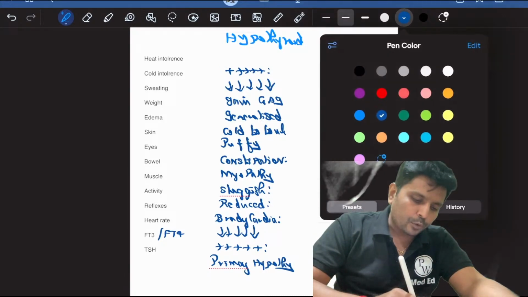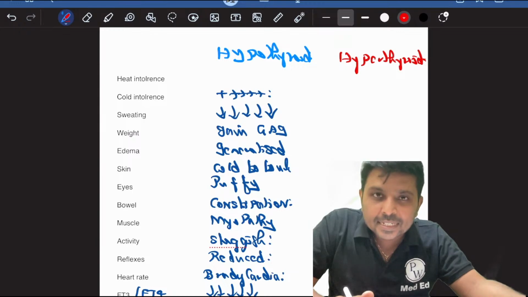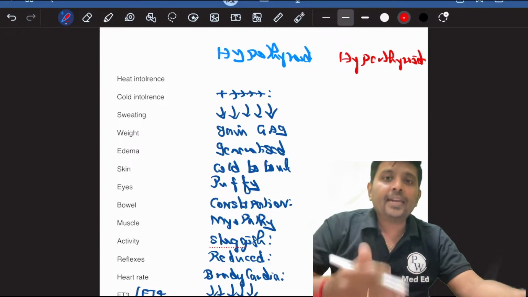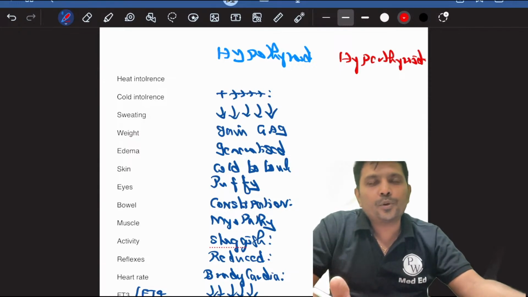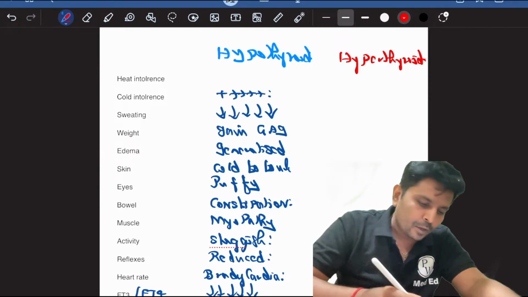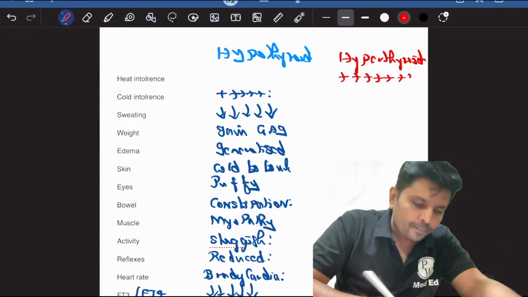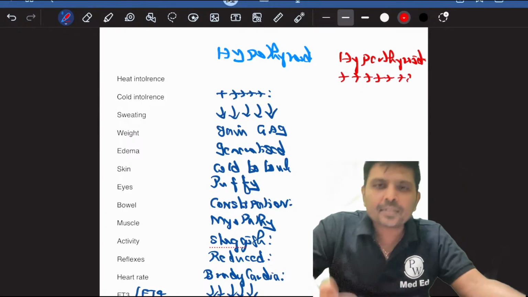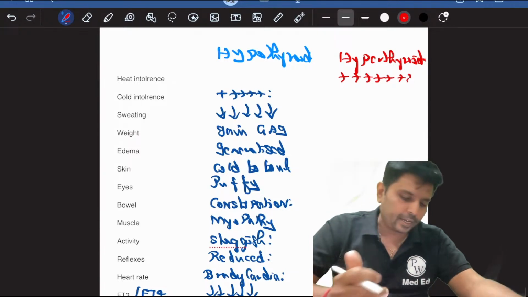Now let's come to hyperthyroidism. Since there is already excess calorigenesis, in a hot environment, particularly during May, June, July, they cannot tolerate it. So heat intolerance is a manifestation of hyperthyroidism because there is increased calorigenesis, increased heat production in the body.